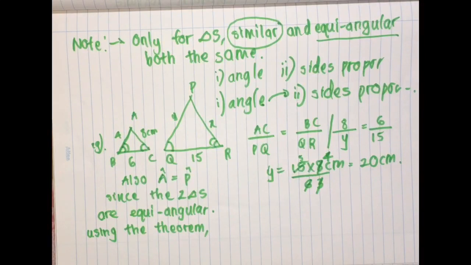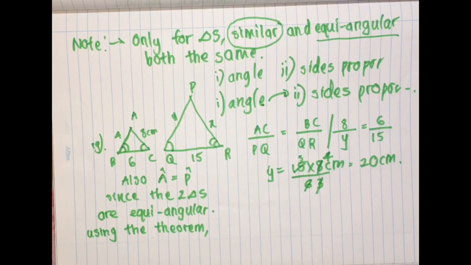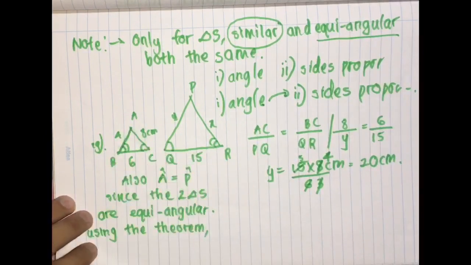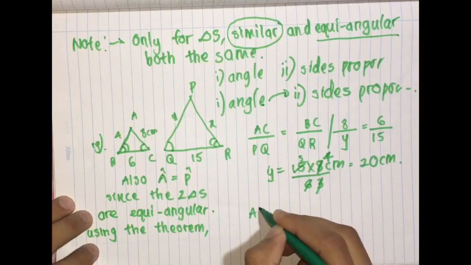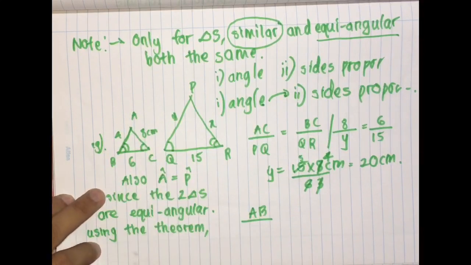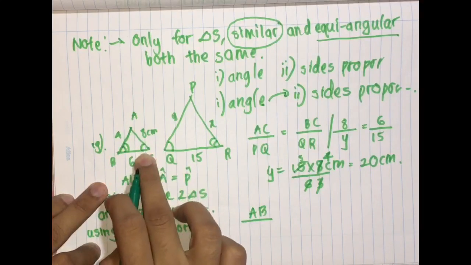Now how do we find X? In the same way, develop another equation such that you get X in it. Is that clear? Okay, I'm going to consider AB over, let me write that part here. AB is opposite to which angle? The single line.